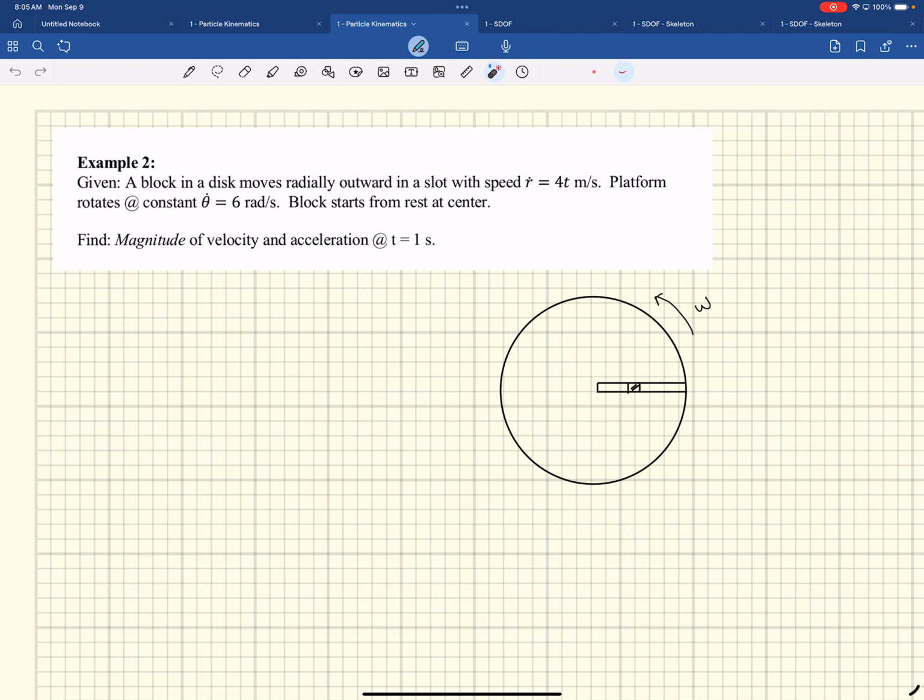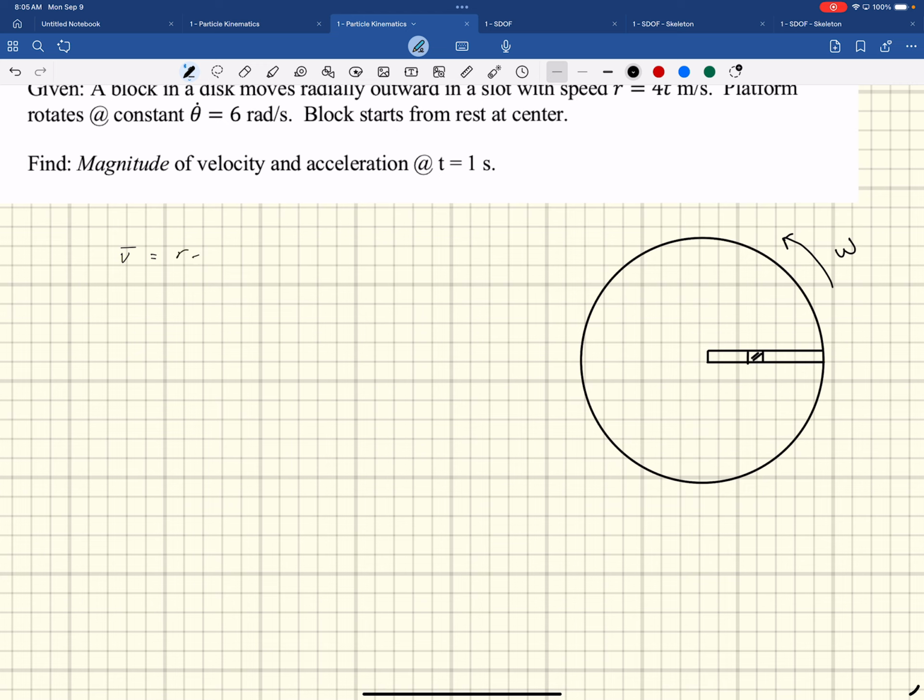So our velocity equation, and we're after the velocity and acceleration vectors, is r dot in the e_r plus r omega in the e_theta. So there's going to be a velocity term in the radial direction moving in and out, but also a velocity in the e_theta direction because it's spinning with an omega.